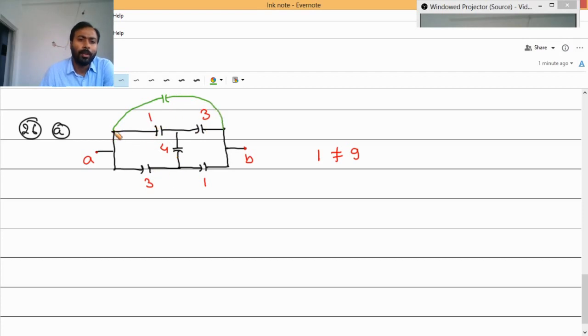Similarly for these two parameters we will write one equivalent parameter, and again for these two parameters only one equivalent parameter. So now we have drawn the equivalent pi for this particular T.